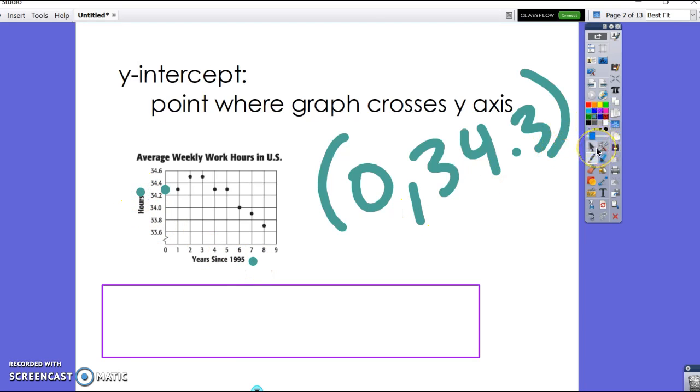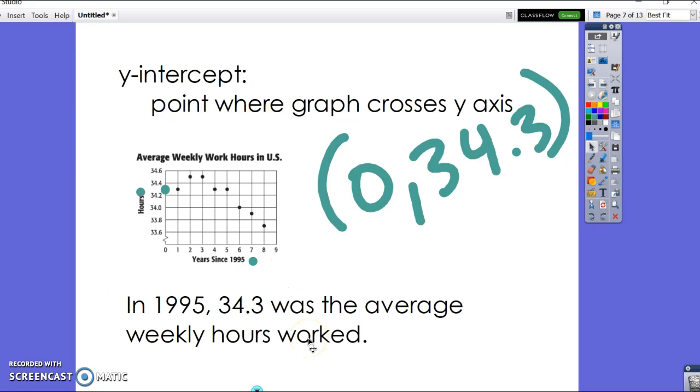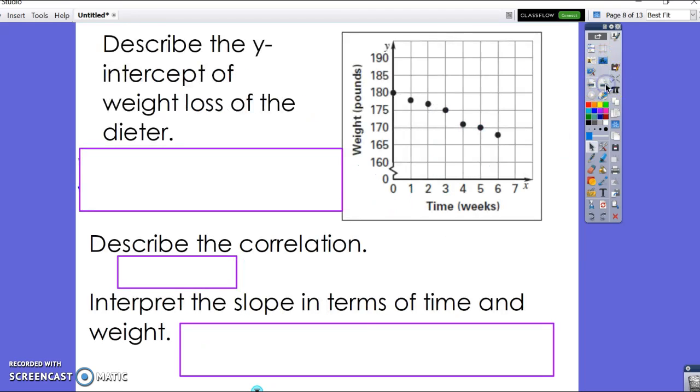Well, if it's been 0 years since 1995, it's still 1995. And then 34.3 would be our hours. So we would say in 1995, 34.3 was the average weekly hours worked. And that's how we would describe or talk about our y-intercept.